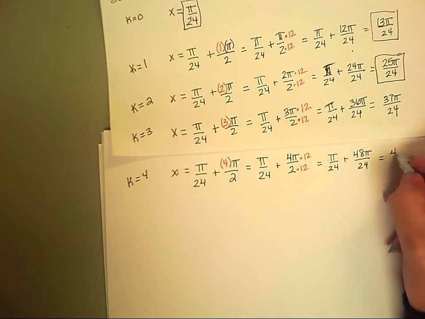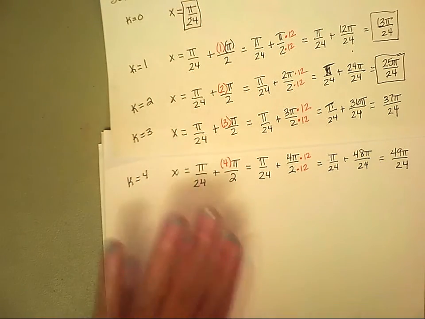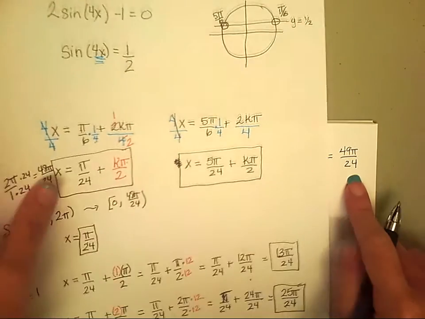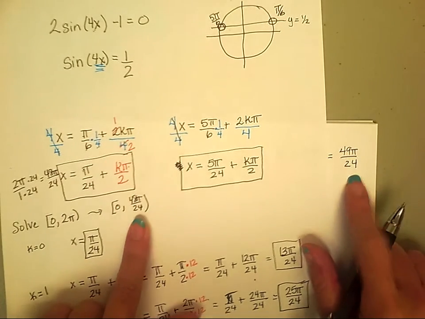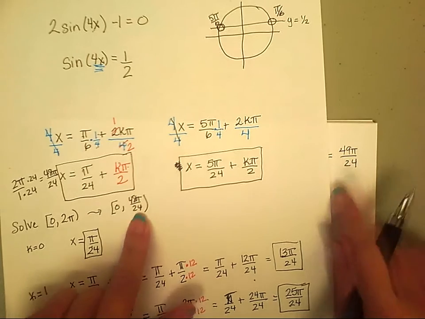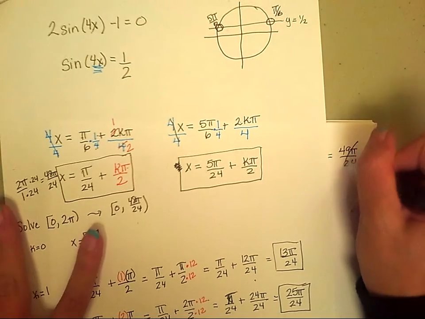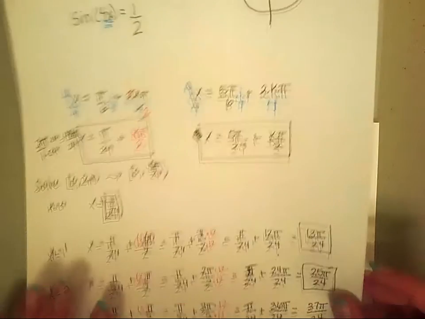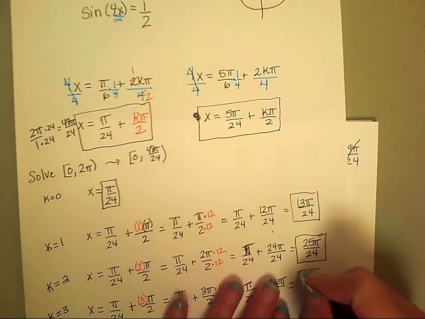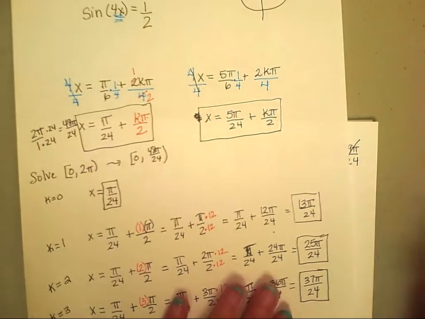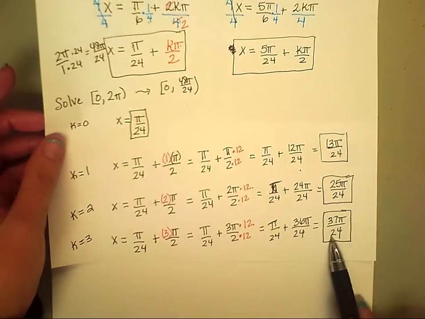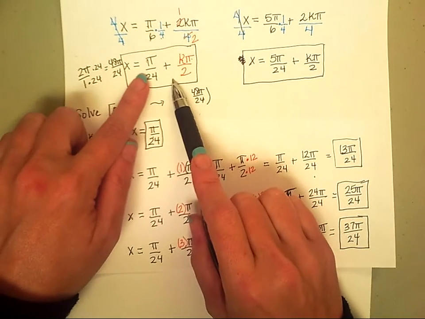Then 1π and 48π is 49π over 24. And here we can stop. 49 is greater than 48, so this is outside of the interval that we're looking at. So these are our first 4 solutions, and they come from this branch.